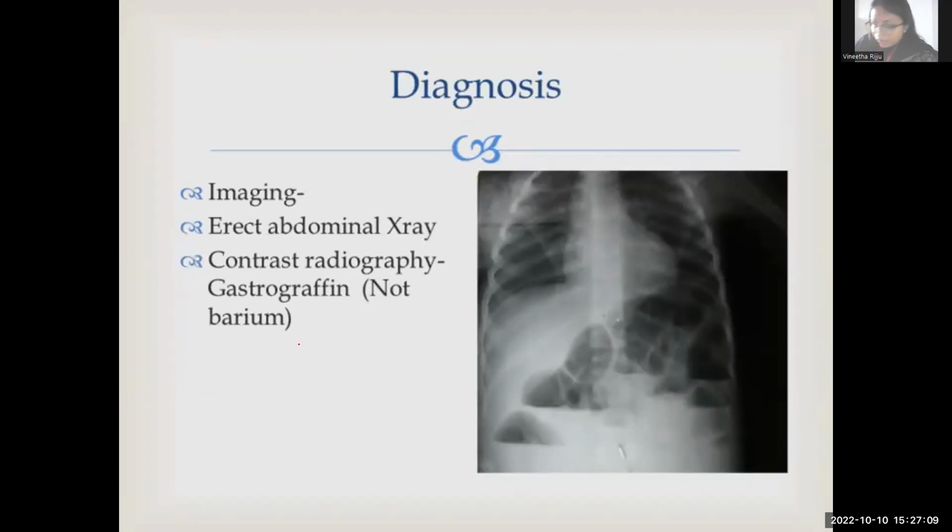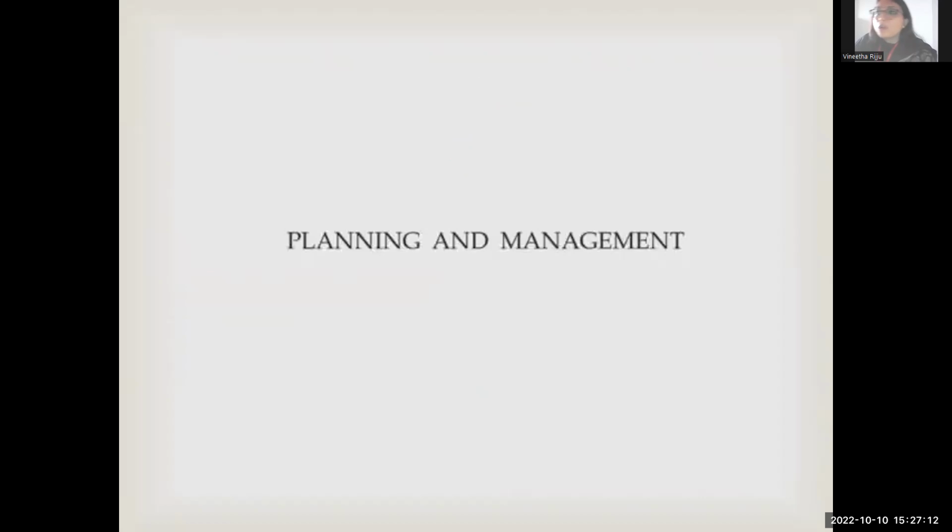All right. So now that you have found out it is an intestinal obstruction, how are you going to plan and manage this? You are at a home setting and you have gone and seen the patient. Patient is having severe abdominal pain, severe distension, not passed stool for the past 1 week, and having severe vomiting. Now, what decision are you going to make?